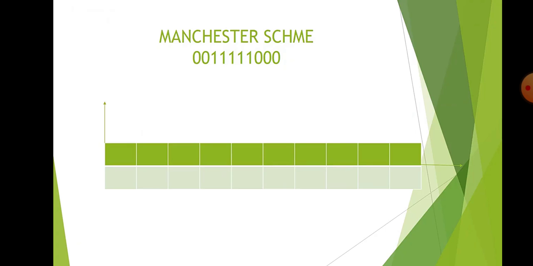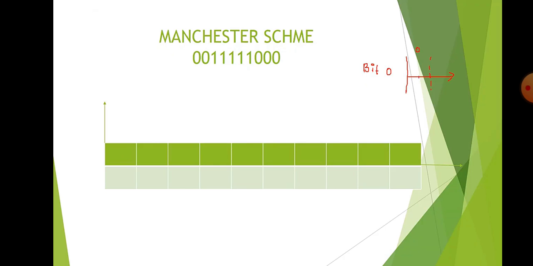Manchester scheme. For synchronization purposes, in the case of Manchester encoding scheme, the transition at the middle of each bit can be considered. So in the case of Manchester encoding scheme, we can represent bit 0 as follows. This is the x and y axis, this is bit 0.